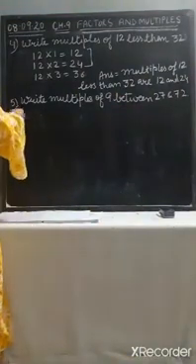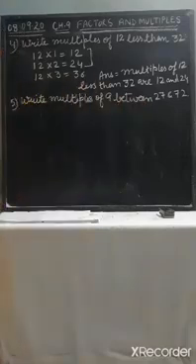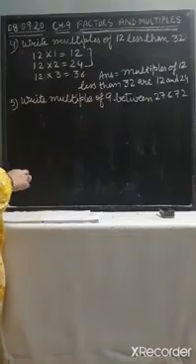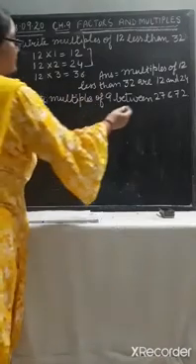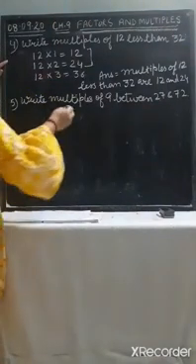Next question is, write multiples of 9 between 27 and 72. For this we will start writing multiples of 9 and then we will find the numbers which are in between 27 and 72.